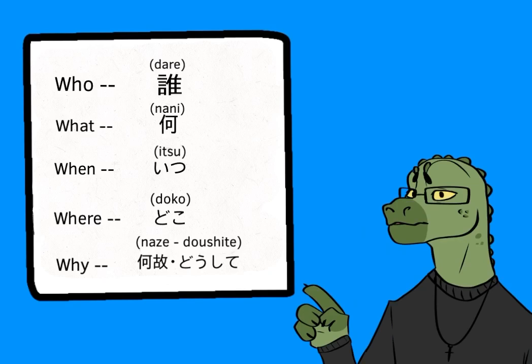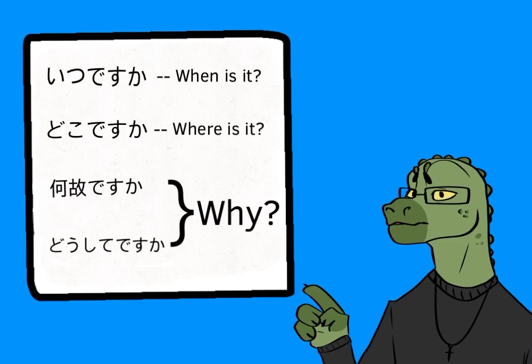Because you're asking more or less for a concrete noun or a concrete time, instead of a location, which is what dare or nani is asking. Instead of saying itsu arimasu ka, you would say itsu desu ka for when is it, doko desu ka for where is it, and doshite desu ka or naze desu ka for why is it the case.